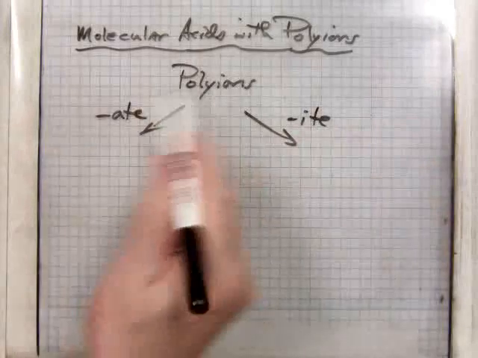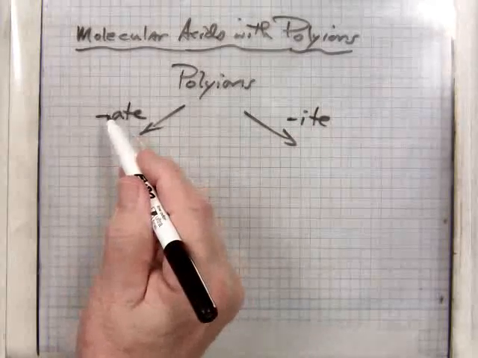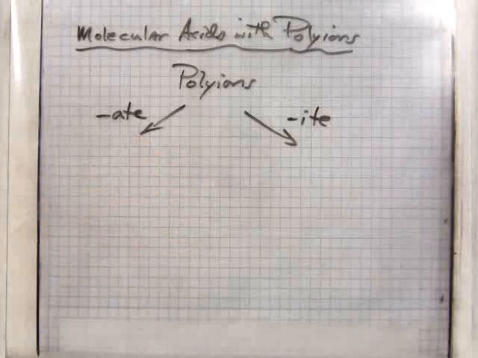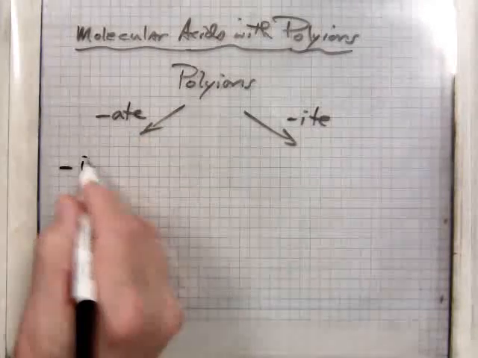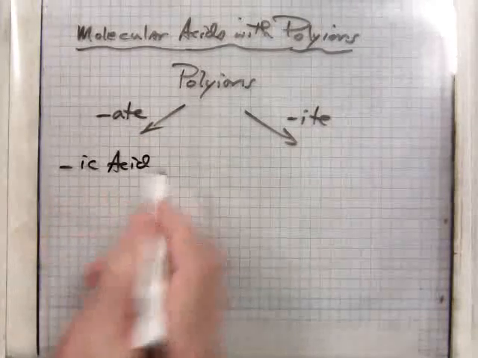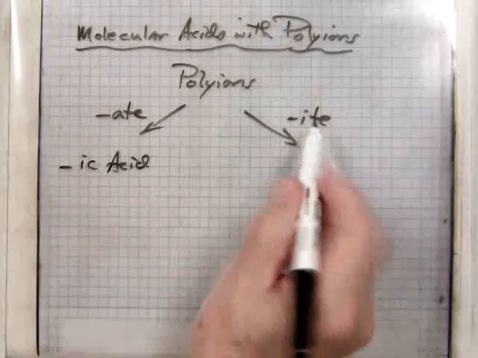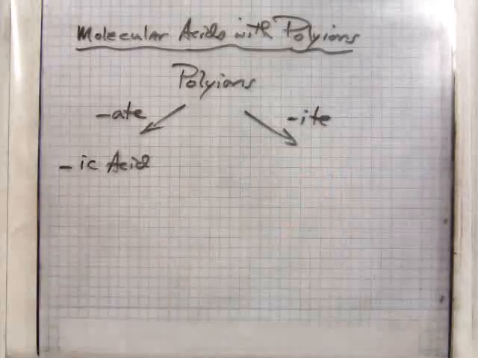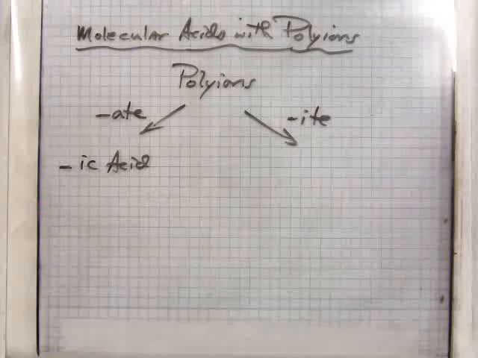If it is an ATE ending in the polyion, you change the polyion ending to "ic" and then stick the word acid onto it. So IC acid. Now I'll give you several examples. If it's an ITE ending in the polyion nomenclature, you change it to OUS, OUS acid.